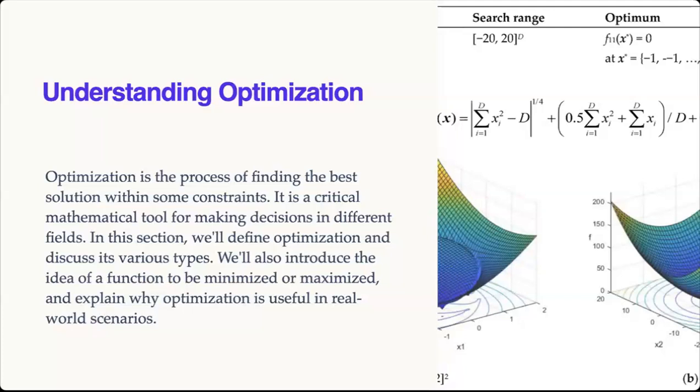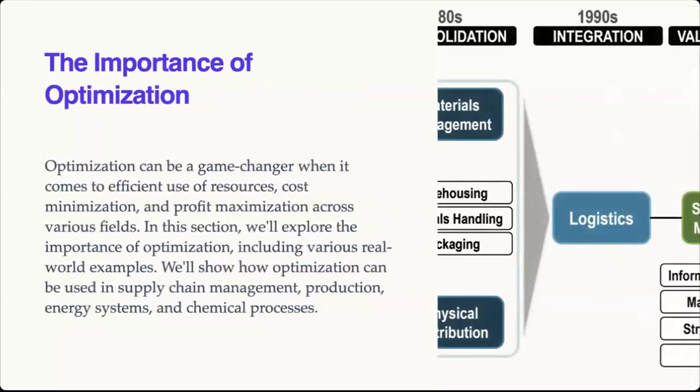And explain why optimization is useful in real world scenarios. So let me show you the importance of optimization problems. We can think of optimization as a game changer, okay? When it comes to efficient use of resources, or for cost minimization or profit maximization across various fields, okay?